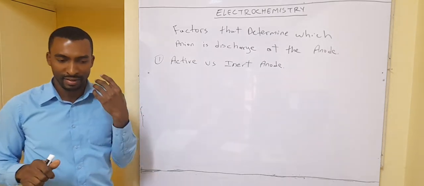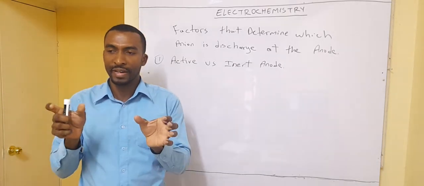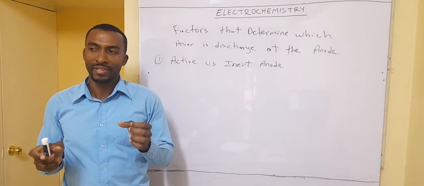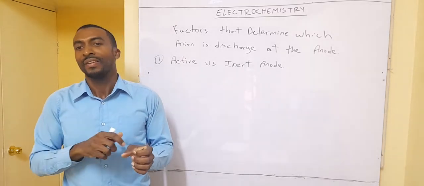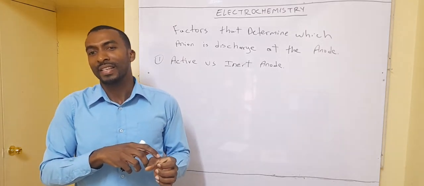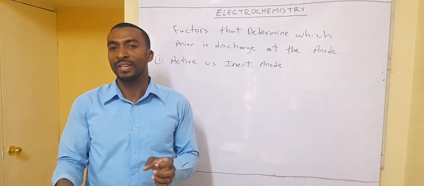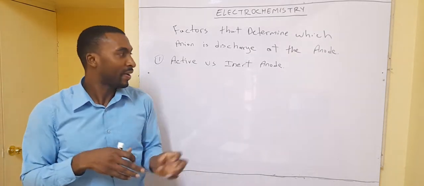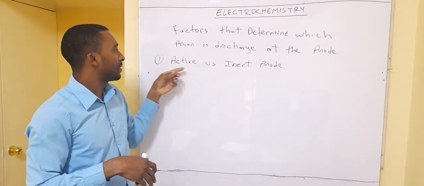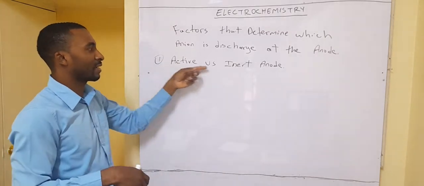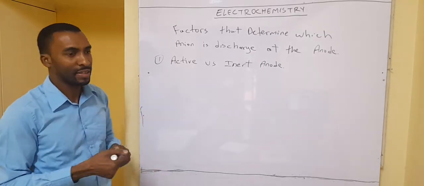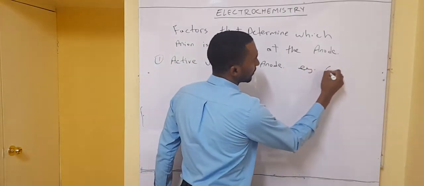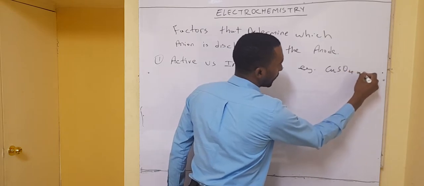Because as we are going to discuss further, whenever we carry out that electrochemical reaction, the electrode itself in some cases can actually dissolve or ionize and go in solution instead of the ions attaching to the electrode. Alright? So one of the factors will determine whether it's an active or an inert electrode, right? Because in some cases, for example, copper sulfate, AQ.